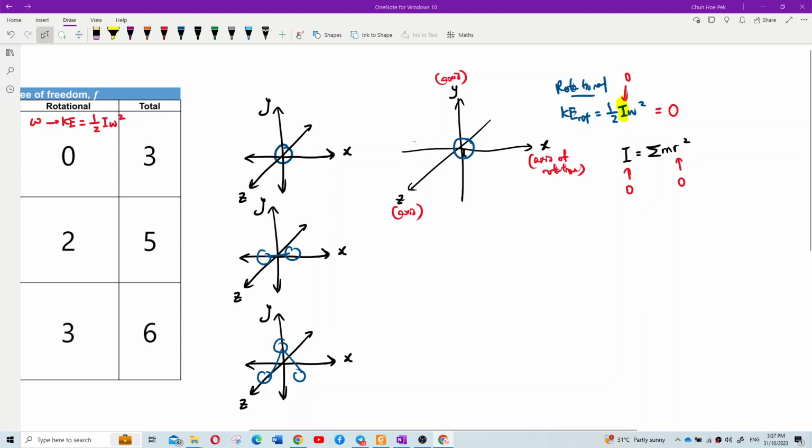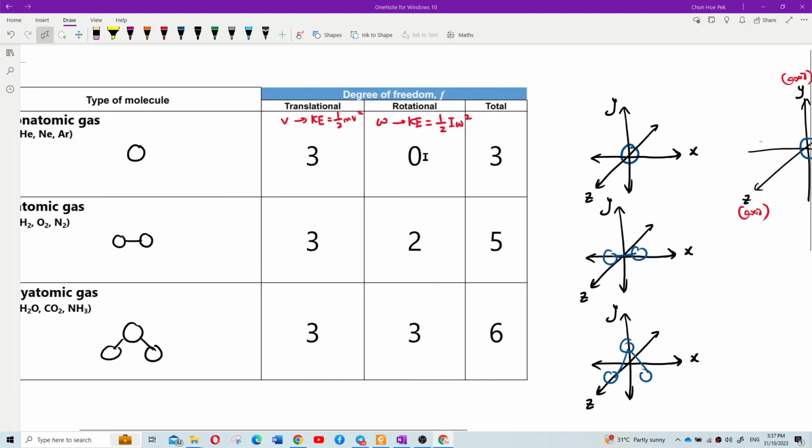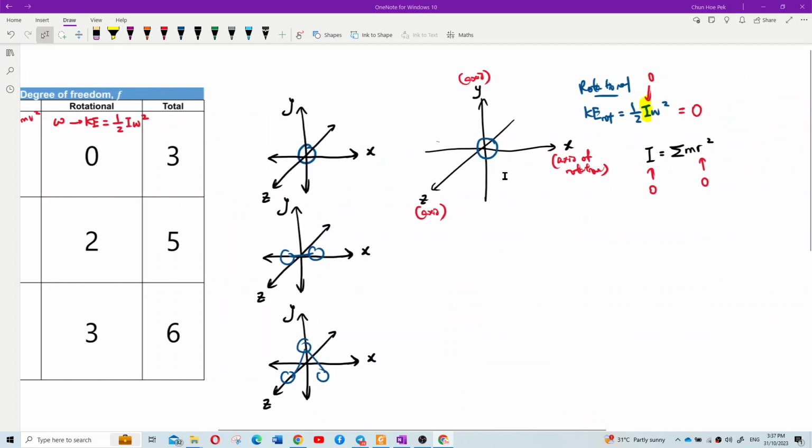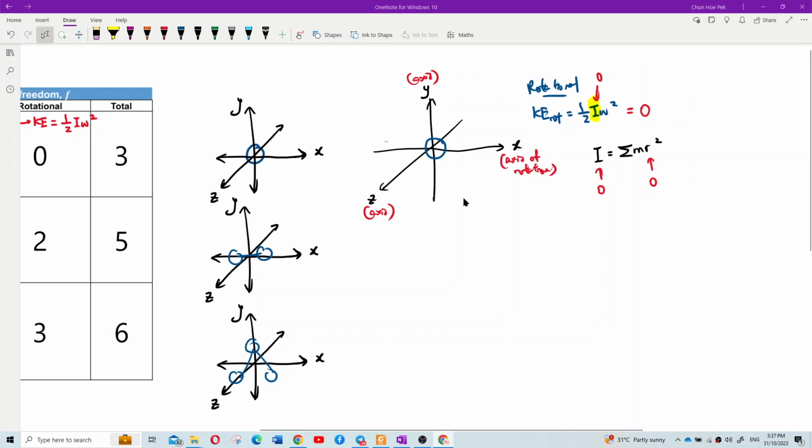So as I said, for monoatomic, the rotational motion is 0 degrees of freedom, because the mass is at the axis.